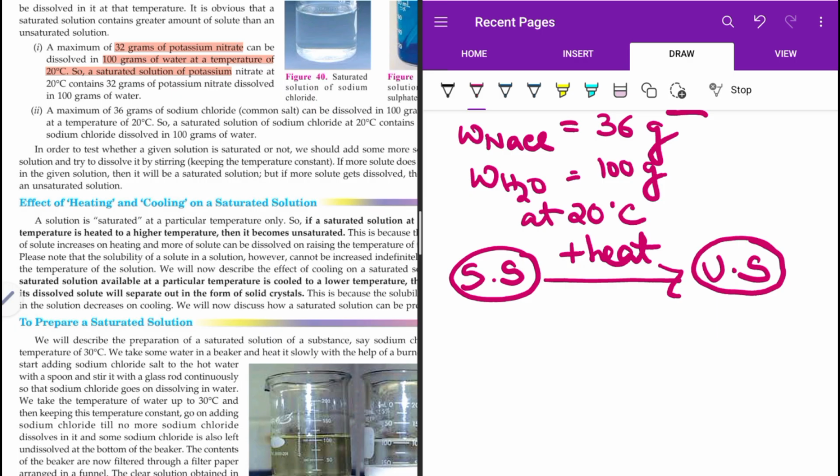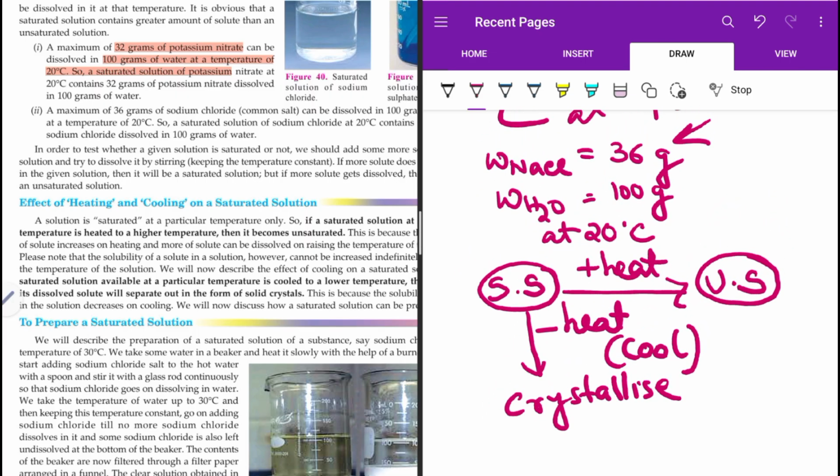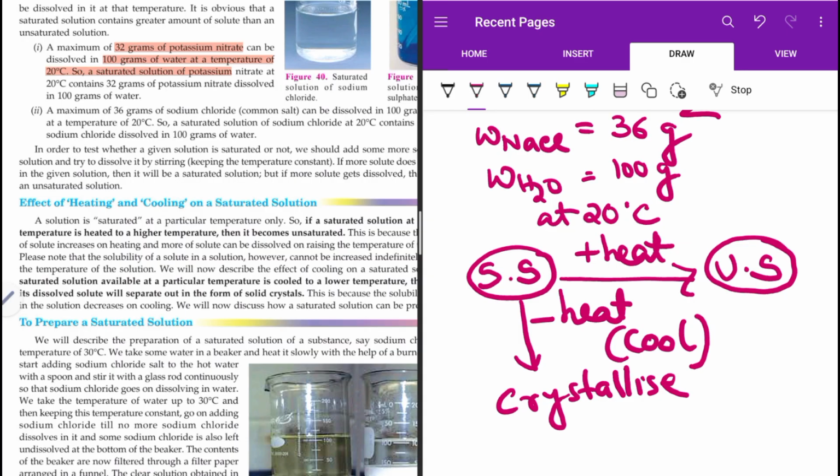Now, similarly, if I decrease the temperature, or say I am going to cool it, then whichever solute was dissolved will crystallize, come out of the solution, and separate out to form solid crystals. To form a saturated solution, you have given the maximum possible capacity of the solute in a fixed mass of the solvent at a particular temperature.